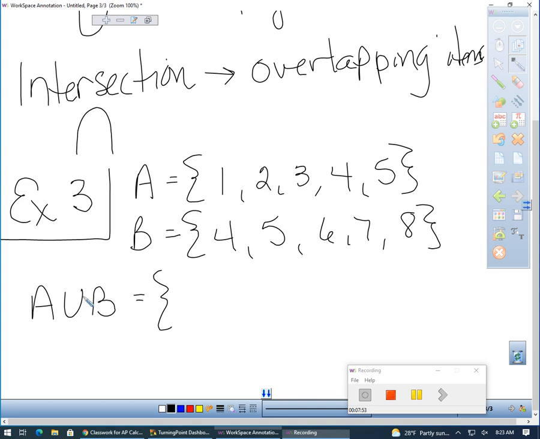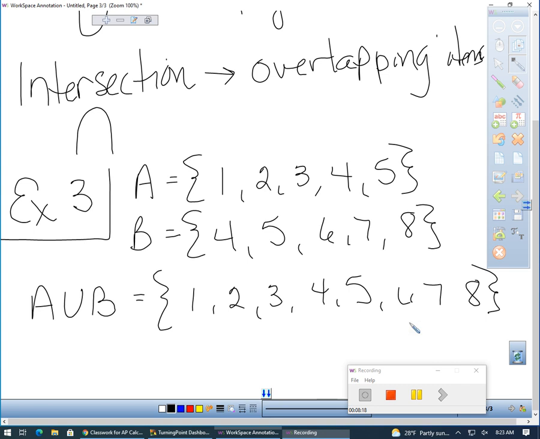If it already exists in 1, you don't have to write it a second time. So the union of these 2 has to include all of the items. So I'm going to start here, which means I'm going to have 1, 2, 3, 4, and 5 from the first one. The second one already has 4 and 5, so I'm just going to add the 6, 7, and 8.